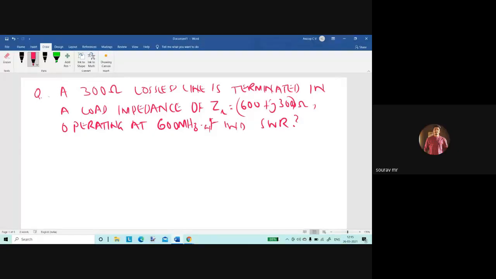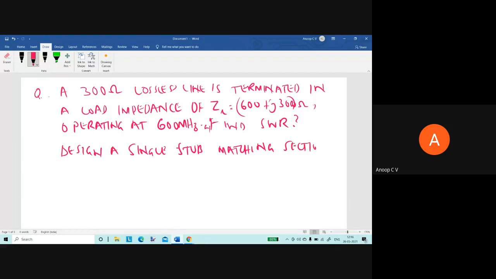And the second question is: design a single step matching section, assuming Z0 is equal to Z0S.